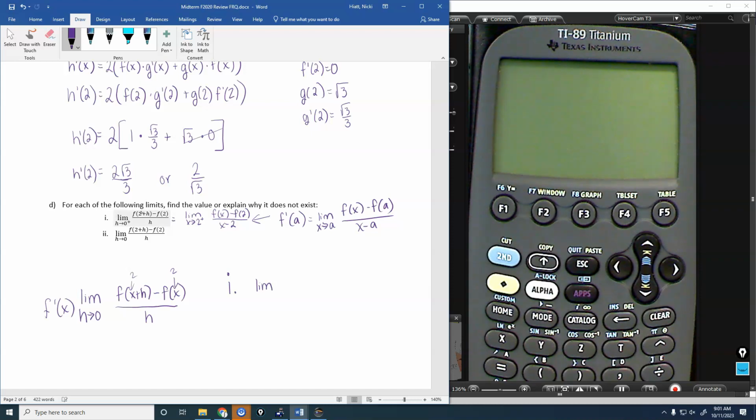A way you can show that is you can say that this is the limit as h approaches 0 from the right of f of 2 plus h minus f of 2 all over h equals the limit as x approaches 2 from the right of f prime of x. So it's your derivative from the right side at 2.